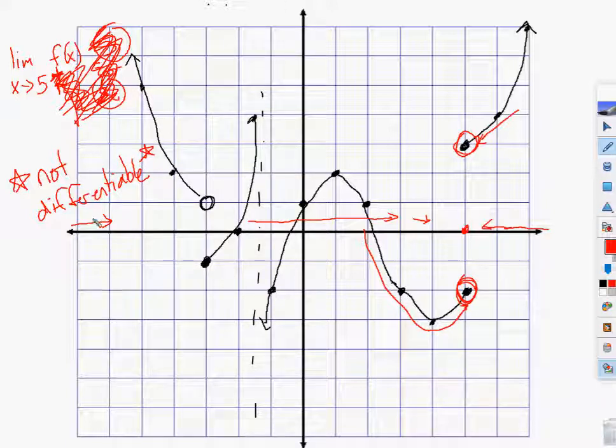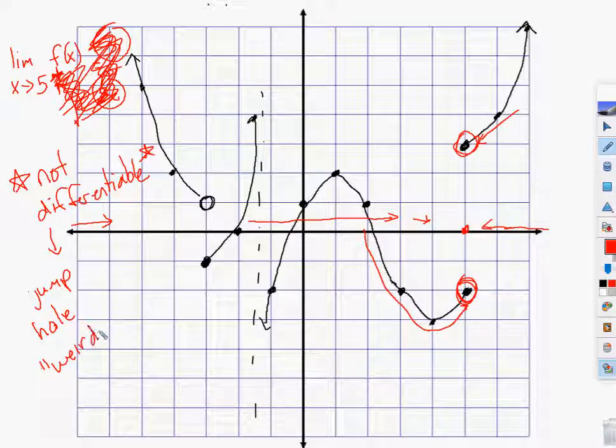So when that happens, we need to cut our function into pieces and talk about one piece of the function at a time. So I can't talk about this one as a whole right there. In fact, it's not differentiable at a certain point if there's a jump, a hole, or anything generally weird.